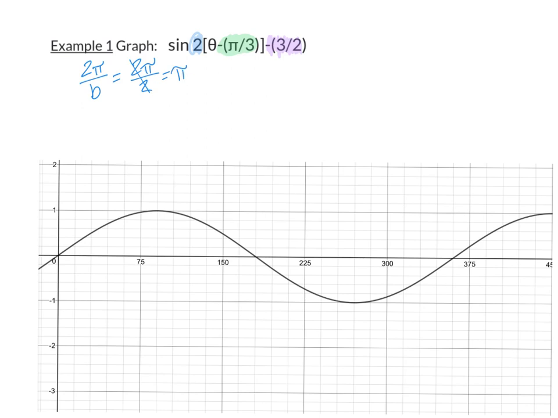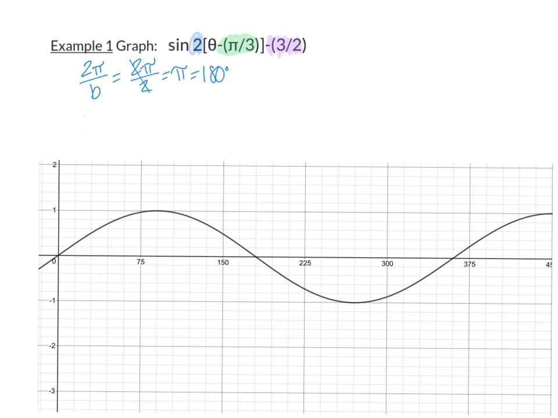So basically this whole graph, instead of going all the way to 360, remember pi is 180, so I'll just put that there as well. Instead of going all the way to 360 to complete one cycle, it's going to be smushed in and it's going to complete the cycle by 180. Next thing, I am going to find the phase shift. It is a minus pi over 3, and I am again going to convert that into degrees.